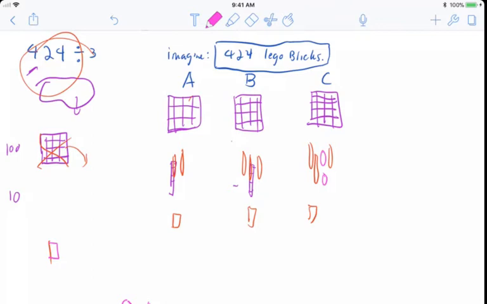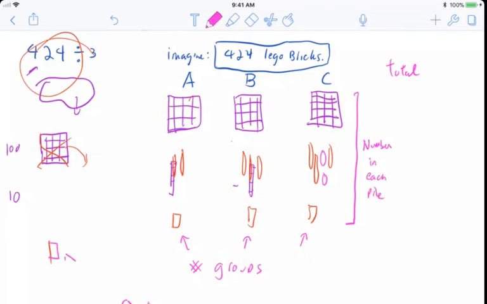There's a total number of Lego blocks. There is the number of groups I'm splitting it into, right? There is the number of blocks each individual gets. And there is whatever's left behind.